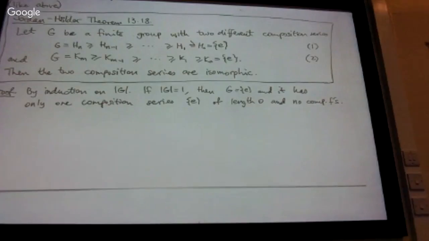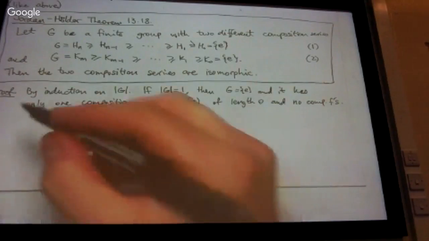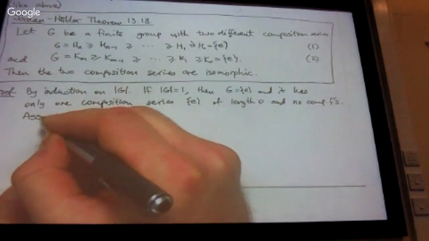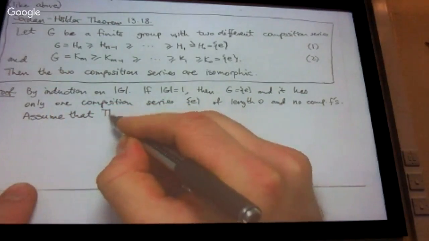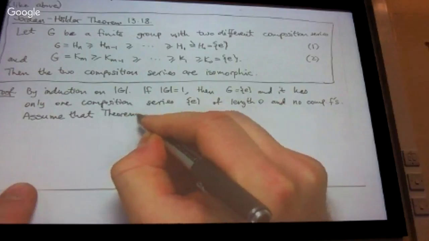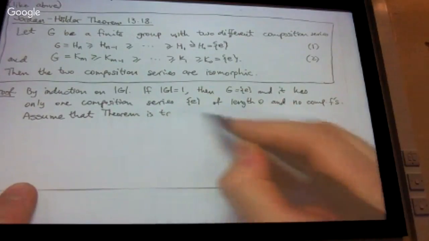So that's always isomorphic, an empty list of composition factors. Now assume that the theorem is true for all smaller groups.